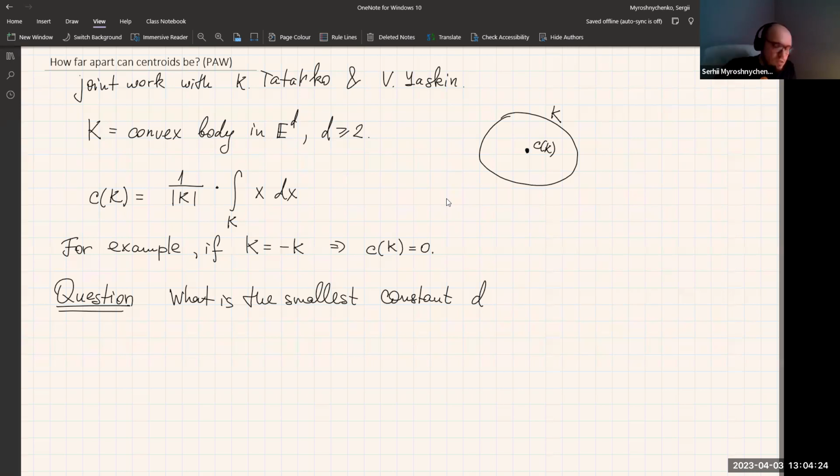Now I feel like I made a bad choice of the dimension. Let's denote the dimension n. That would make more sense, and then the constant d will depend on the dimension n. Sorry about that.